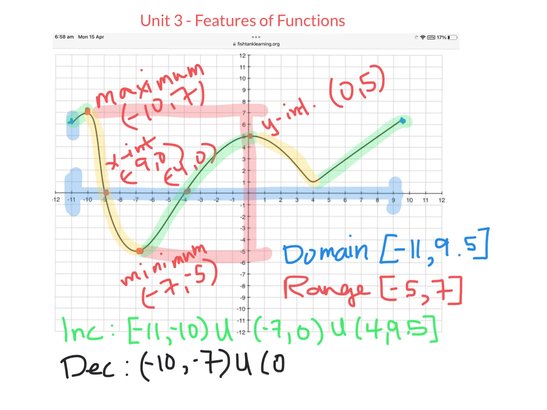Okay, and again, those are the x values where we're seeing that behavior. It's almost like the x-axis is time, and we're saying from this time to this time, the graph is decreasing, it's going down.